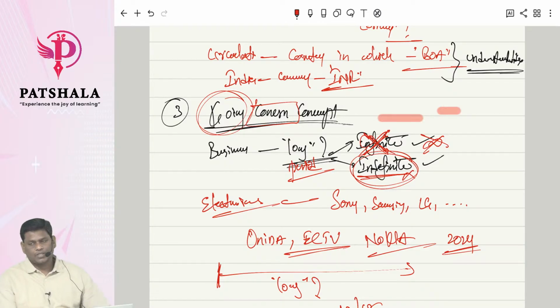According to this concept, next point, it is assumed that business will run for a long period of time.